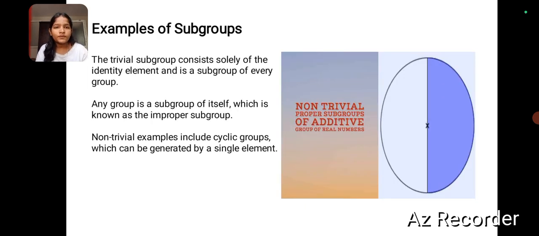Examples of subgroups. The trivial subgroup consists solely of the identity element and is a subgroup of every group. Any group is a subgroup of itself, which is known as the improper subgroup. Non-trivial examples include cyclic groups, which can be generated by a single element.